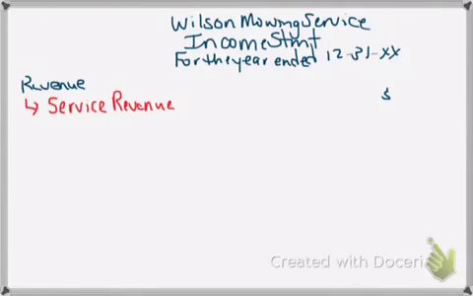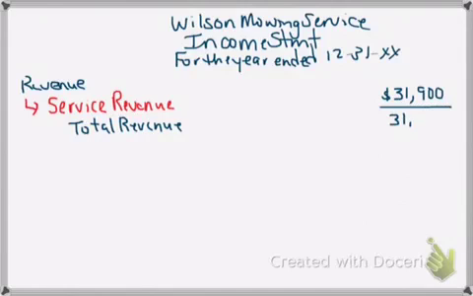So I'm going to come all the way over to the far side in the very last column and put $31,900. Now I need to total all of my revenues. So I would get a total revenue, and that would be at $31,900.